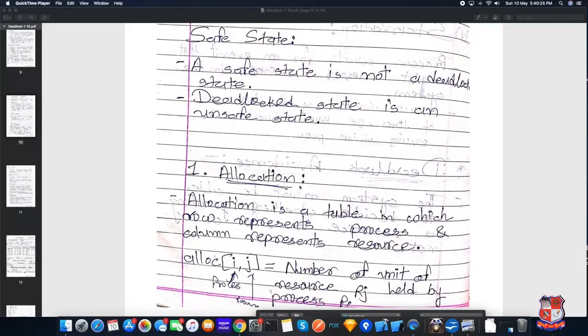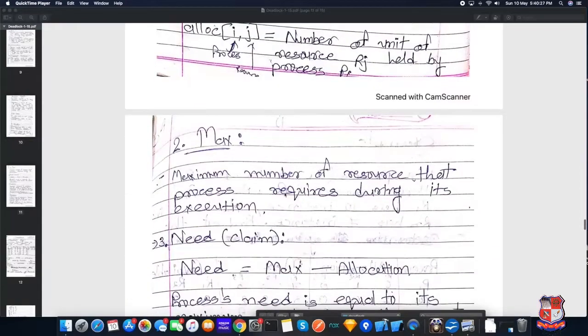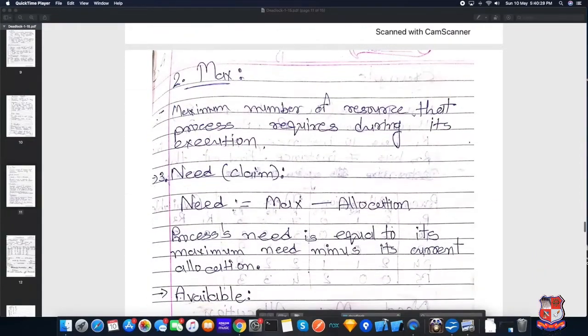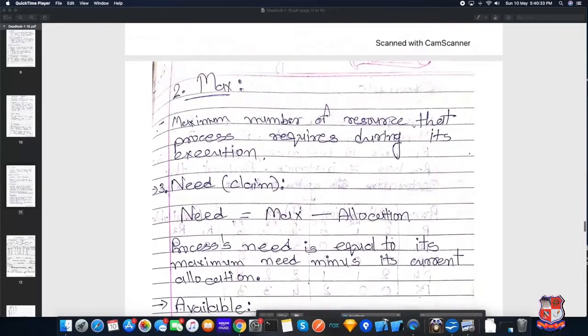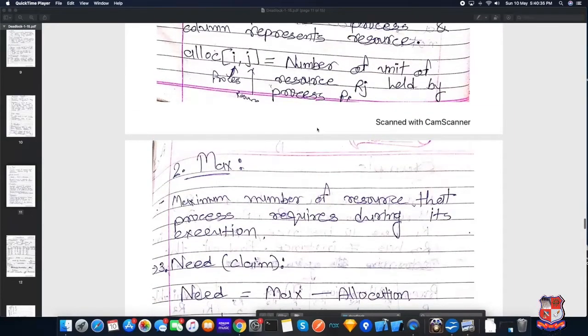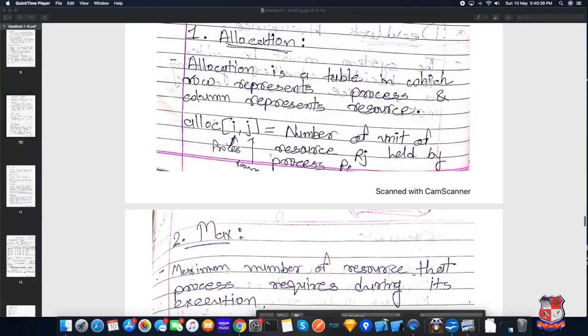In the banker's algorithm, four concepts are used in deadlock avoidance: allocation, max, need, and available. Based on these four values, we can find the safe or unsafe state. What is the allocation value? Allocation is a table in which the rows represent processes and the columns represent resources.